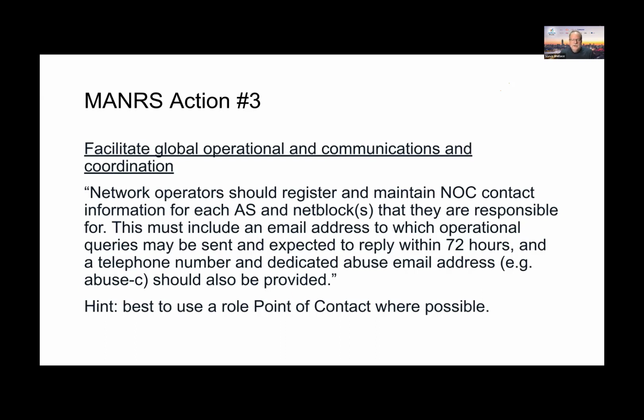When you detect an issue with a network on the internet, it's important that you actually be able to contact the people responsible for that network. And if there are 70,000 across the world, one of the mechanisms you have is to use the standard means to identify who the official contacts are for a particular IP address range or a particular ASN.